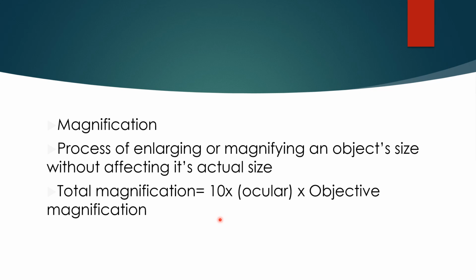Please note that the conventional ocular lens has a 10 times magnification, or at least 10 or 11 times. And for your objectives, they have 10, 40, and 100 times magnification. So you multiply 10 times 10 to get your total magnification if you are using an objective with a yellow band.